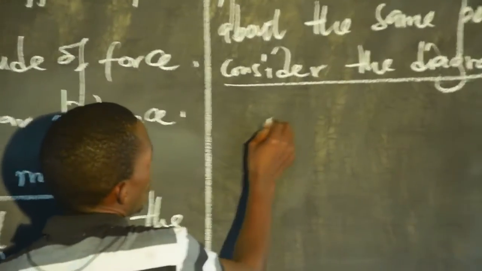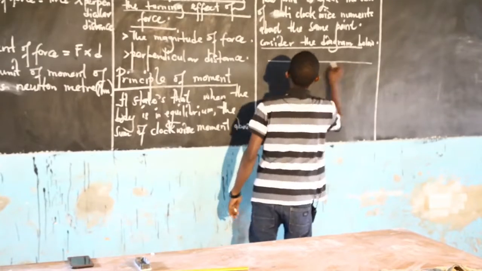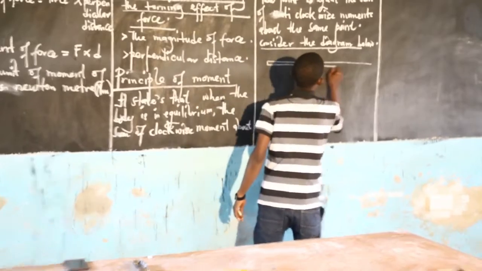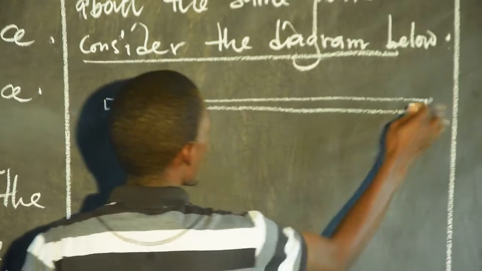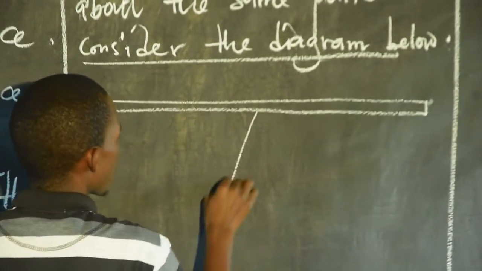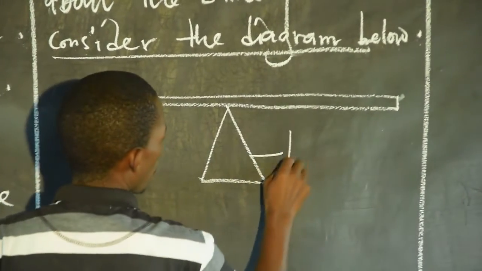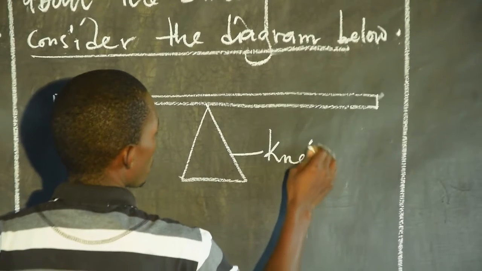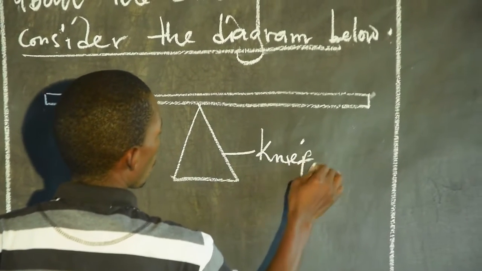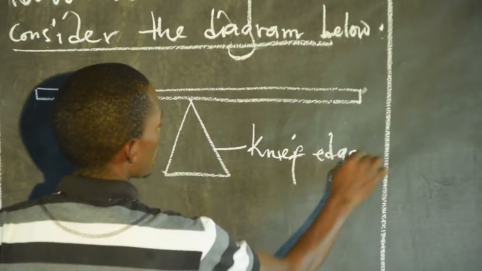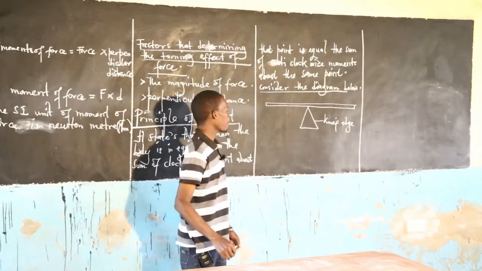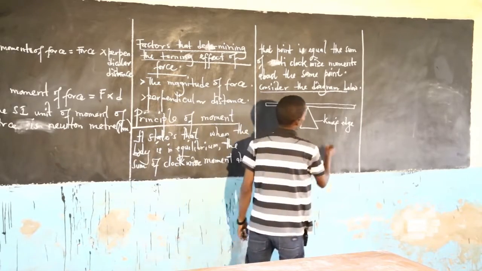So, here we have, this is our meter rule. We have the knife edge. This is what we call a knife edge. It's just an edge, not years.